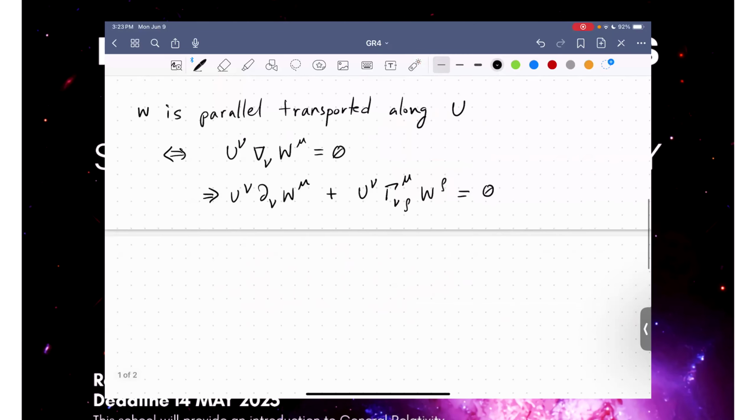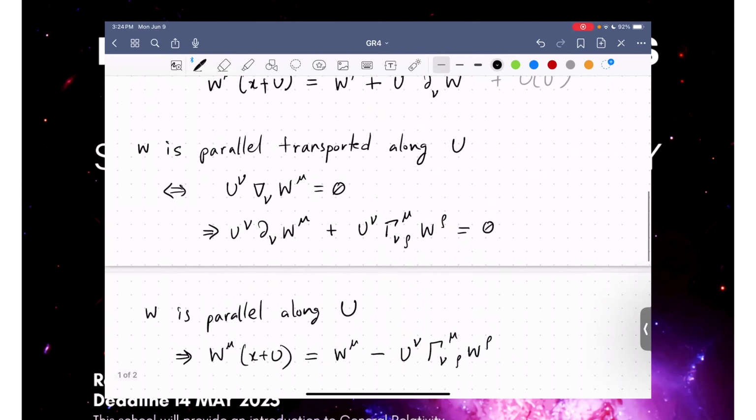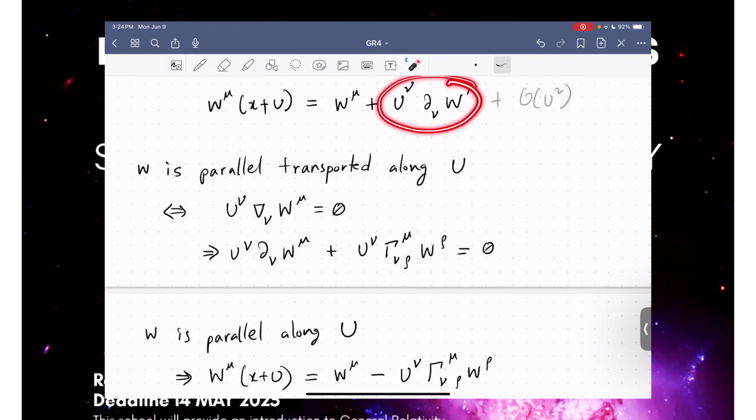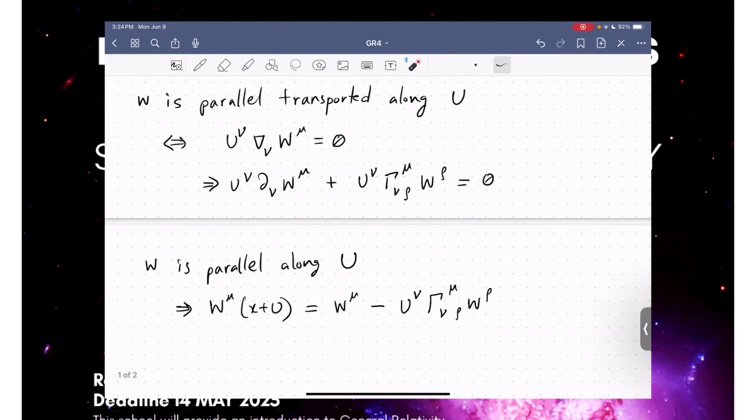So W is parallel along U. This means W^mu at x plus u is equal to W^mu minus this term. Here, all we have done is replace this using this equation by the negative of this term, and that's it.